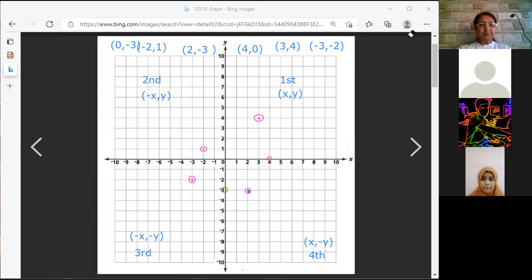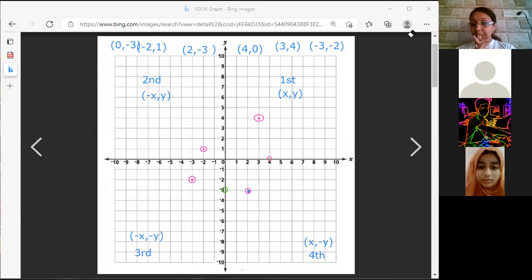This order will always be like this: first x and y on the right-hand side, then the left-hand side. Your quadrants are always going to be like that: the first quadrant, the second quadrant, the third quadrant, and the fourth quadrant. This is the fixed form of the Cartesian plane.